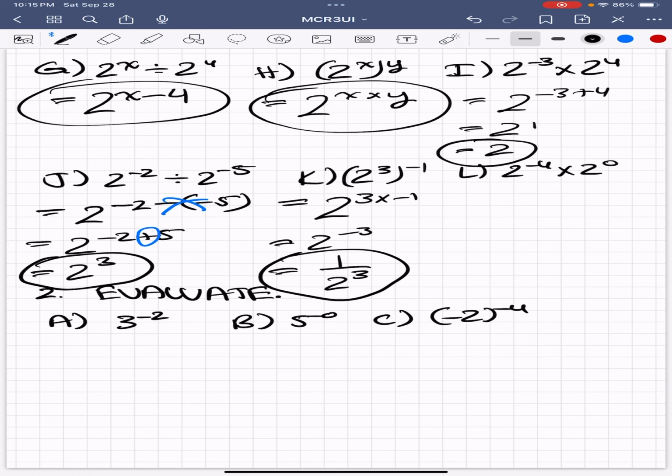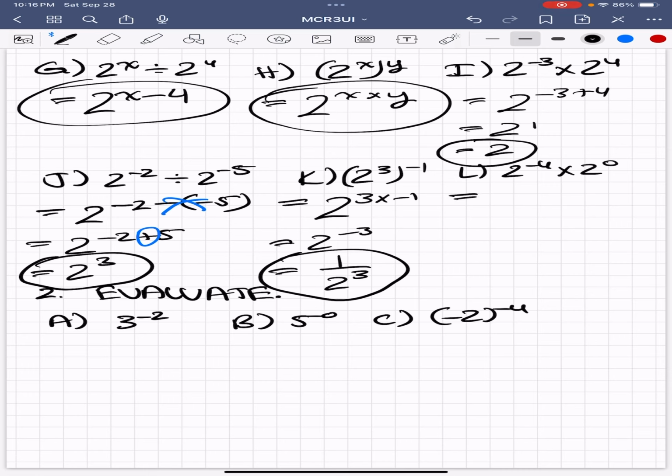So 2 to the power of 3 times negative 1 leads to 2 to the power of negative 3, and then again we bring it down to the bottom of the denominator, just to make sure that the exponent is left in a positive result. Power exponent law number 3, multiply the exponents together. The exponent is negative. We don't usually leave the answer with a negative exponent in math due to the negative exponent law, law number 7.